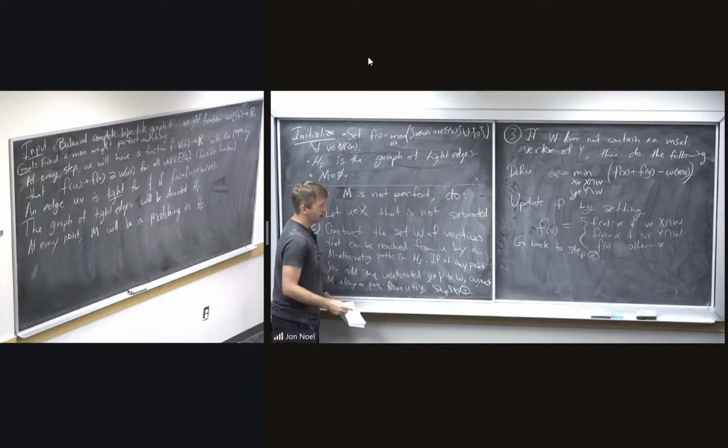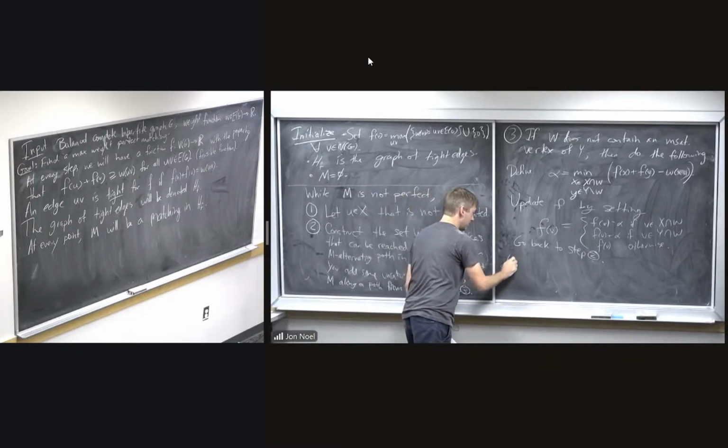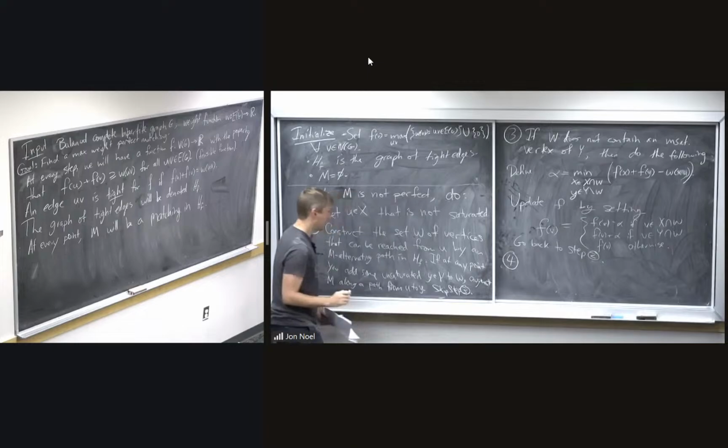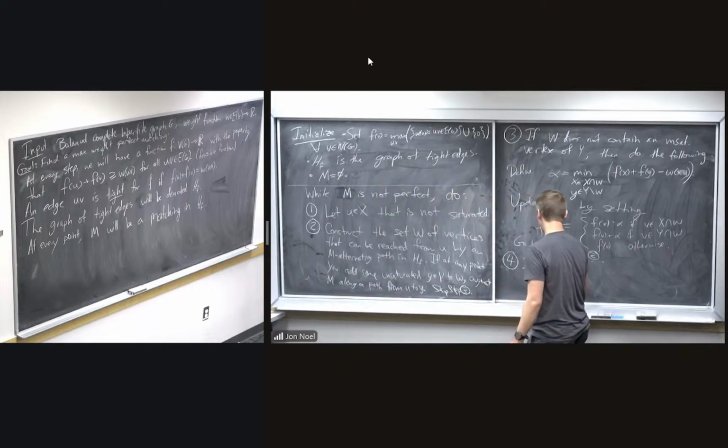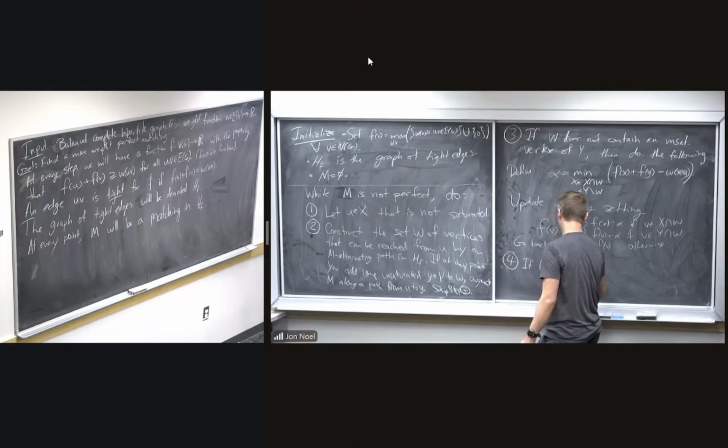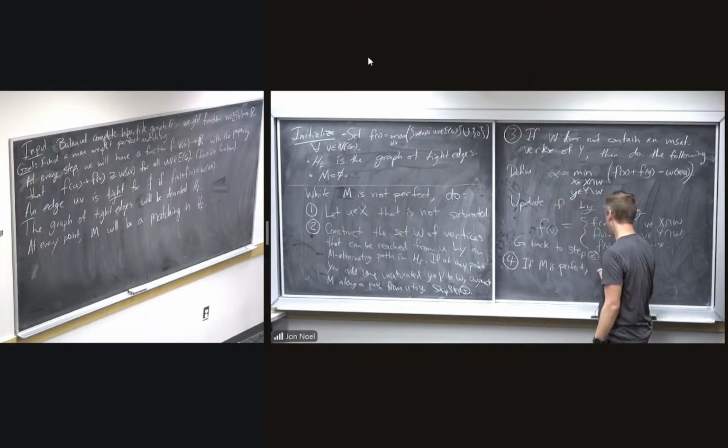And then step 4 just says if M is perfect, output it. Because if it's a perfect matching in H_f, then that's good.